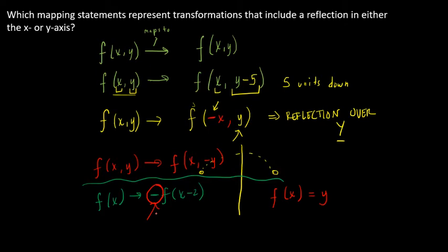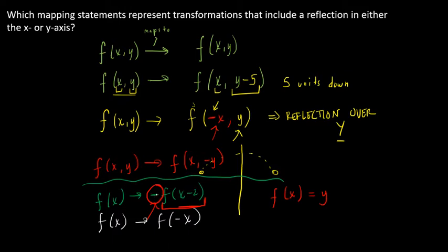Now they're not asking you to differentiate between these reflections, but it's important to know that a reflection would either look like this, where we have a negative on the outside of our function statement, or it might look like f with the negative in front of the x, something like f of x maps to f of negative x, okay?